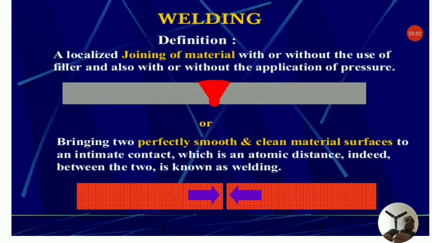Now various fabrication processes are there as well, like the mechanical joining with bolts, screws, nuts, rivets. There is a classification of these joining processes. If you consider welding, it is a permanent joint, and if you consider riveting, it is somewhat semi-permanent.